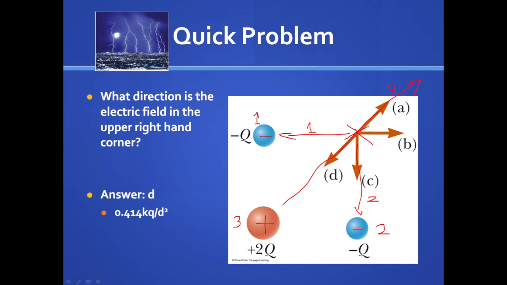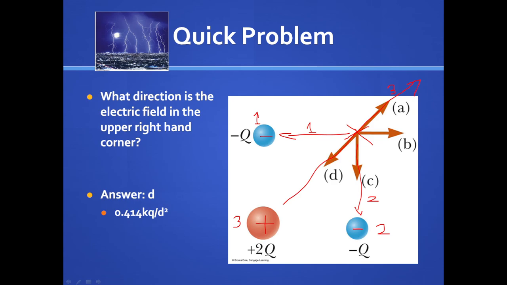Now, even though this charge is the single biggest one here, the other 2, the 2 negatives, are still closer to this particular location than the third one is, just because of the way that squares work. Charge 1 and charge 2 are closer to this location than charge 3 is. And as a result, they're going to have a stronger effect on that spot, even though charge 2 is bigger.